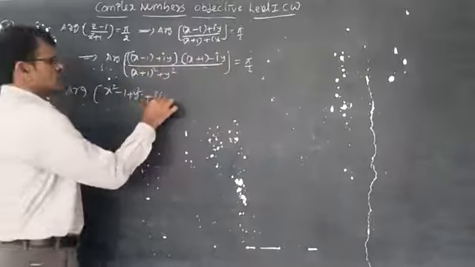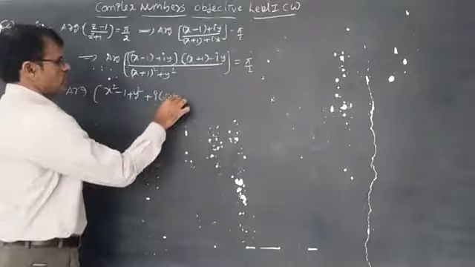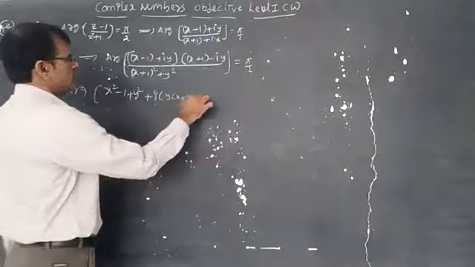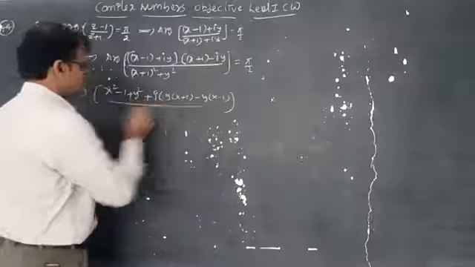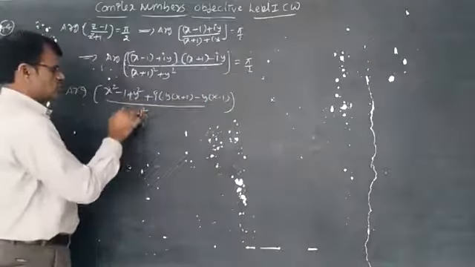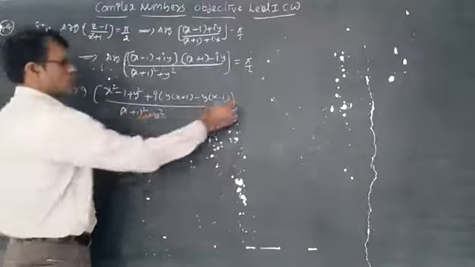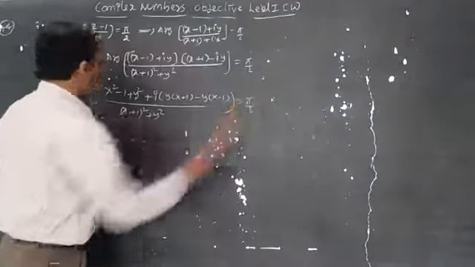So plus i taken common, it becomes y into x plus 1 minus y into x minus 1, whole by x plus 1 whole square plus y square. This argument is pi by 2.